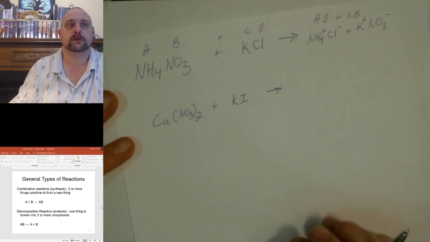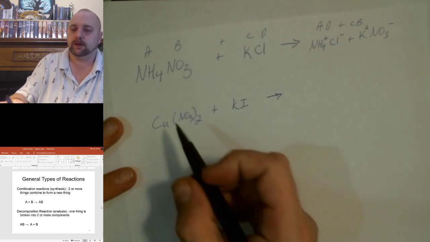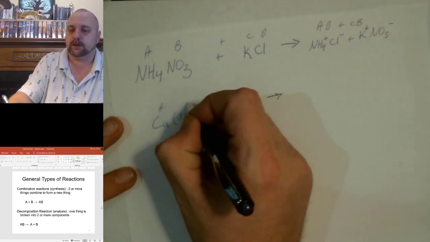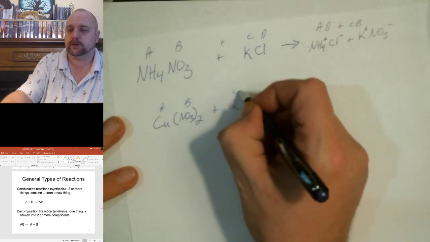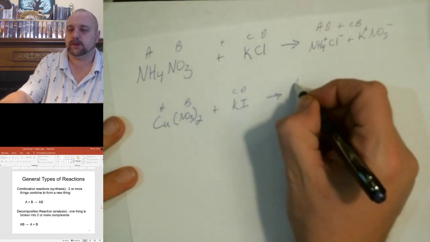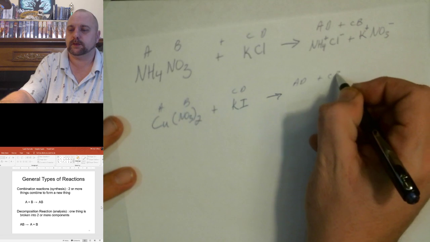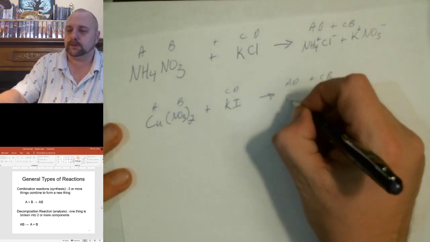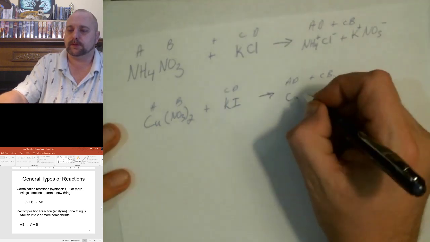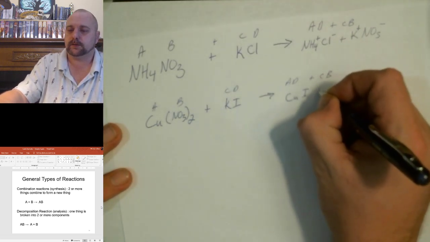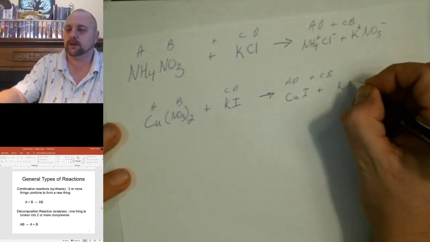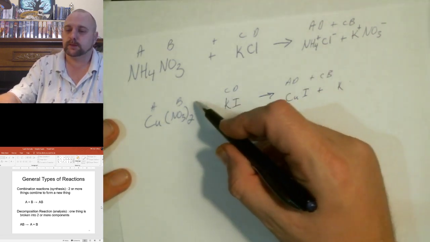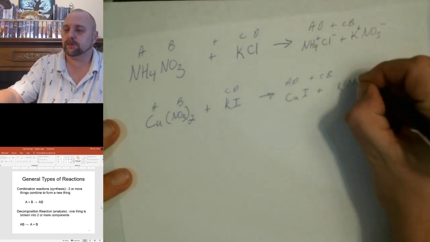This one's a little bit more complicated. Again, A, B plus C, D goes to AD plus CB. A piece is Cu, D piece is I, C piece is K, and the B piece is NO3.